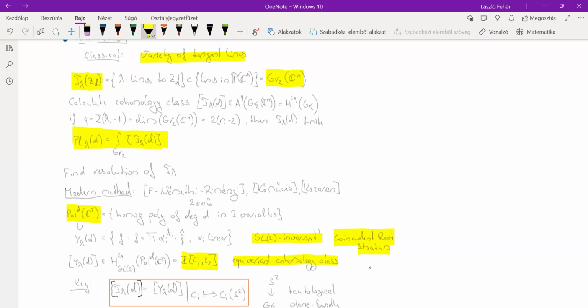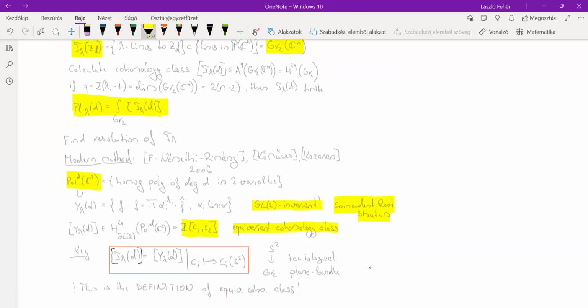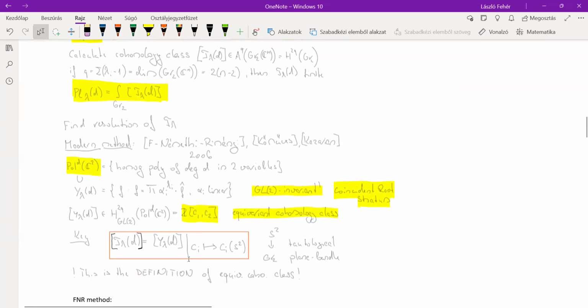Okay, and the key property of this polynomial is that the cohomology class of the variety of tangent lines can be obtained by substituting into this polynomial the Chern classes of the tautological bundle. Okay, so this is the tautological bundle. And this is a very classical idea that if I have a hypersurface, then the defining polynomial will define a section.